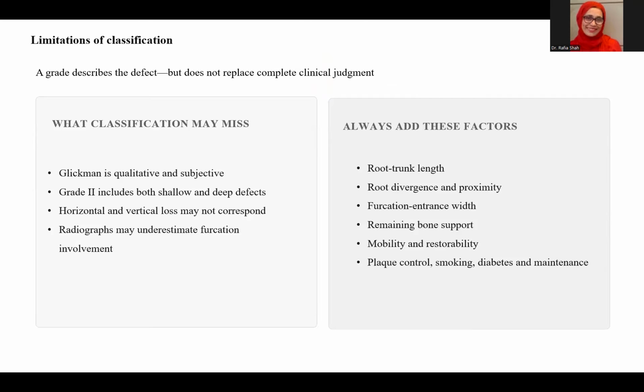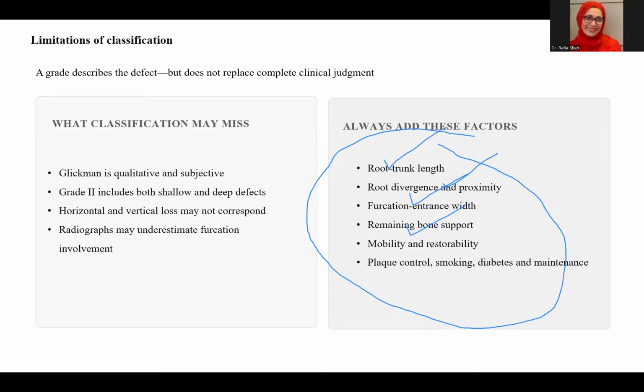Studies also said that a few factors act on the clinical judgment of the classification, like the root trunk length, the divergence of the root, which my first video talks about, furcation entrance width, bone loss, remaining bone, the mobility of the tooth, the plaque control factors, smoking, the habits of the patient, and all these factors can again act on a defect.